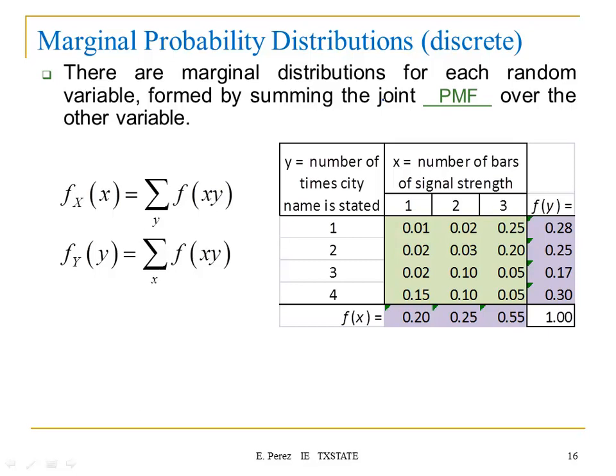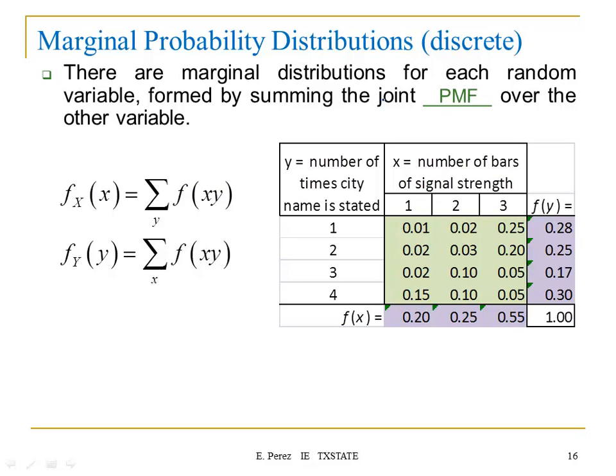So using an example here, let's look at the first example we discussed in class. If you want to find the probability of x being equal to 1, how do you find that? You sum those probabilities with respect to y. So this is (1,1), (1,2), (1,3), and (1,4). And that probability for x equals 1 is 0.20.